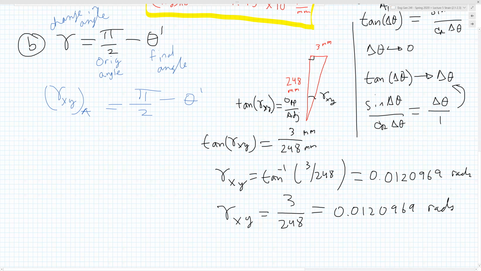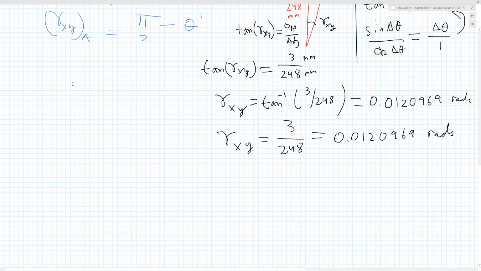Okay, so the final answer, we'll put it two ways. So now here's what the shear strain xy at A is on average, right? Let's put in 3 sig figs.